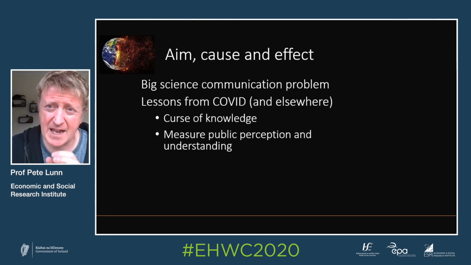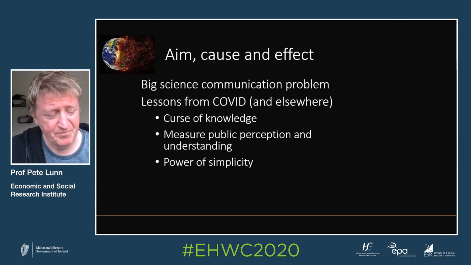How well do they understand the problem that they face, and what do they perceive to be the causal relationships behind it? Those are things that I think we could learn a lot more about. We do know that the more simple you make these relationships, the more simply you describe them, the more likely it is to lead to behavior change.